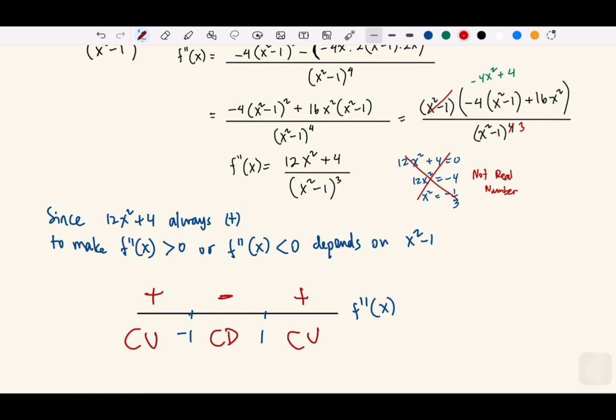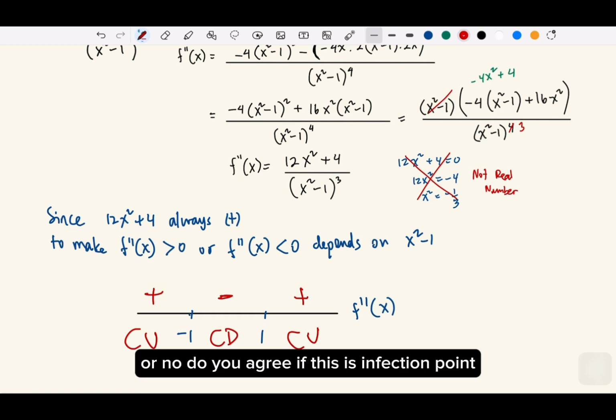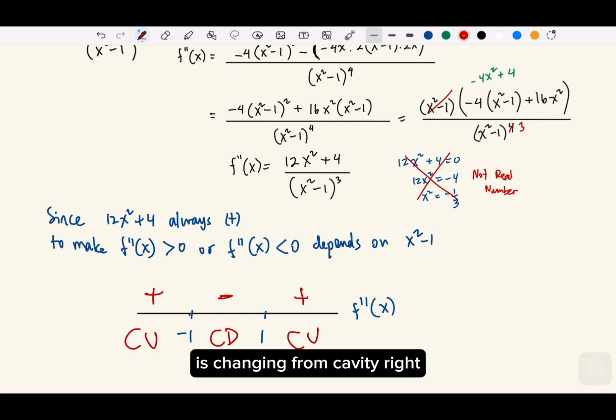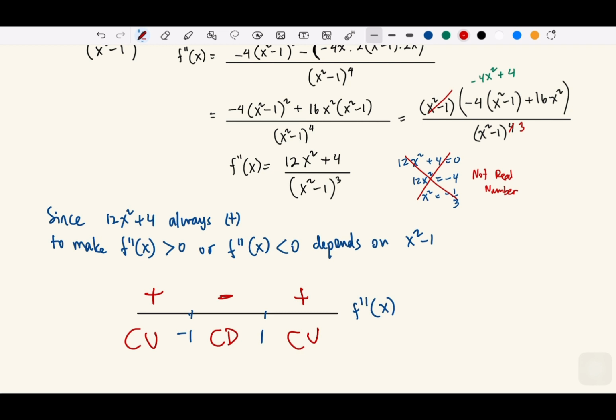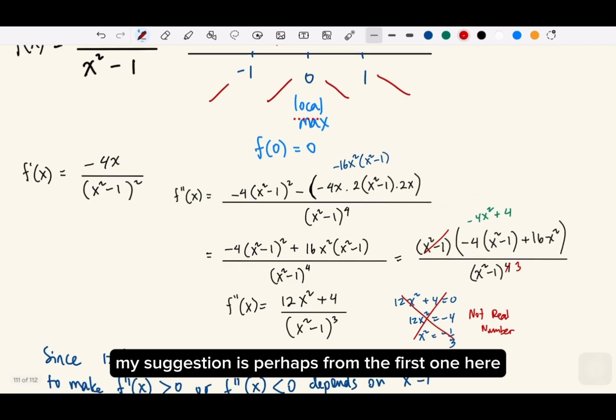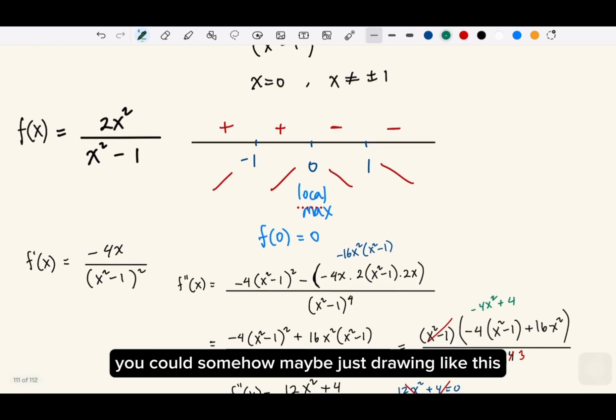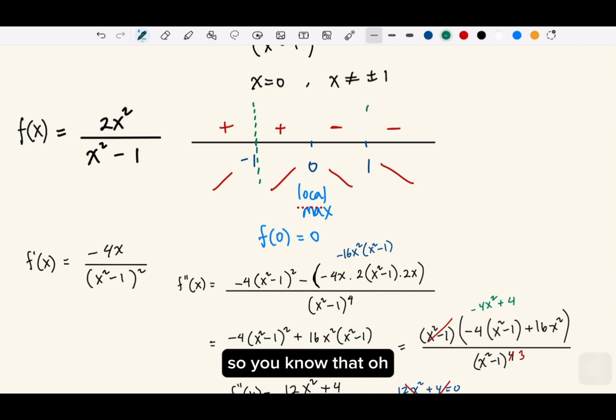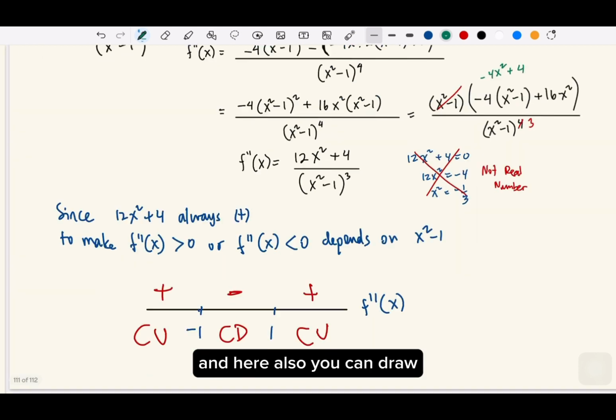Inflection point? Do you agree if this is an inflection point? It's changing concavity, right? No? Why? Yeah, it's the asymptote. Whenever you find the asymptote and you see the same number in the line number, my suggestion is to draw the asymptote line, so you know that this is the asymptote, and here also.